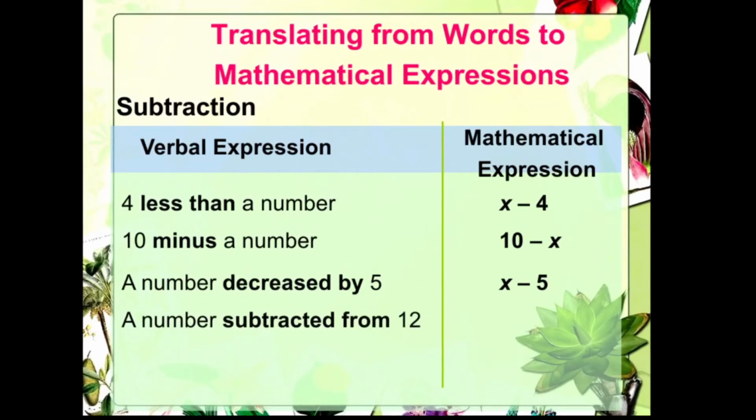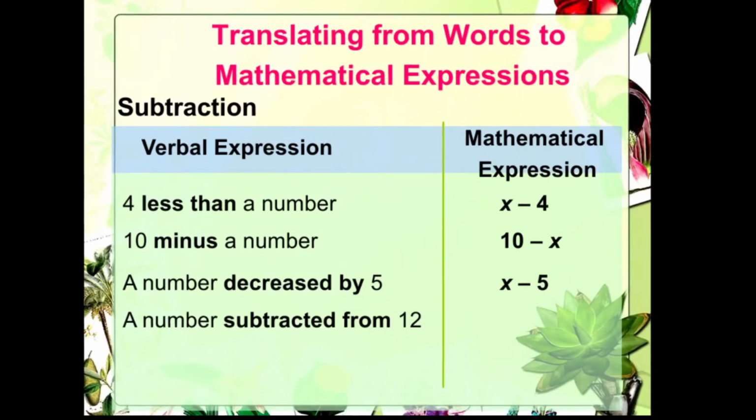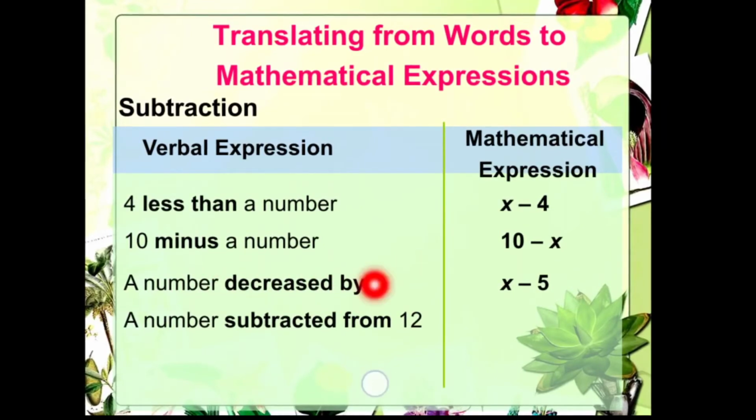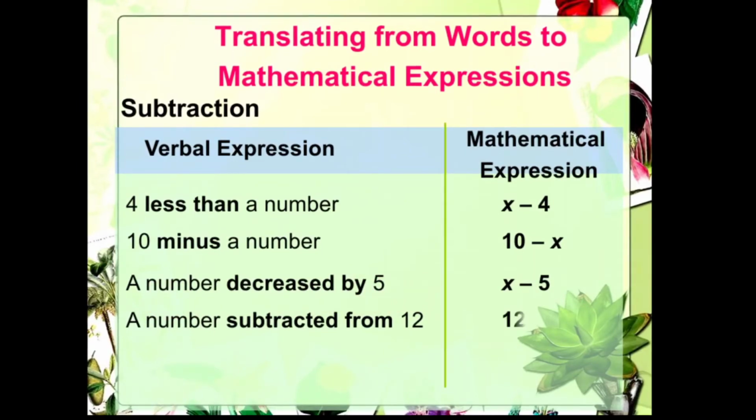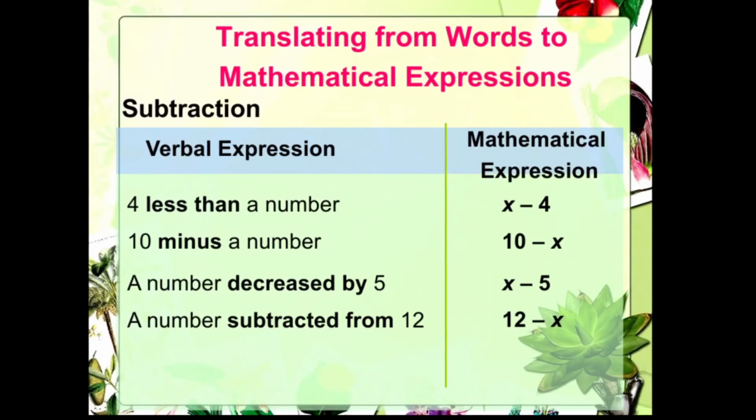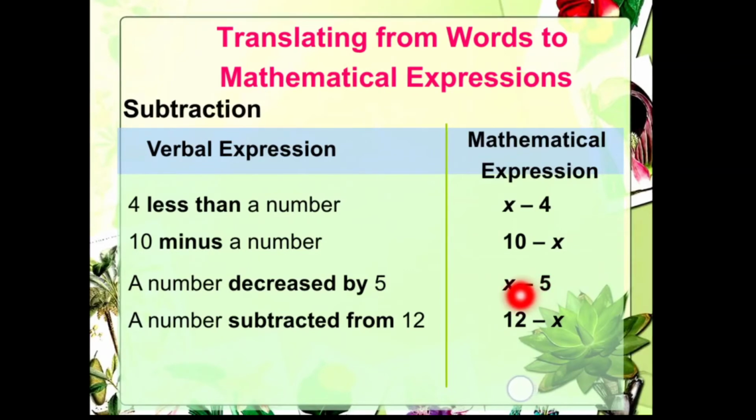Next, a number subtracted from 12. A number subtracted from 12. Therefore, from the word from, we will write first the number 12. Then, after that, we have the missing number. Therefore, our answer here is 12 minus x. As you can see, a number subtracted from 12.